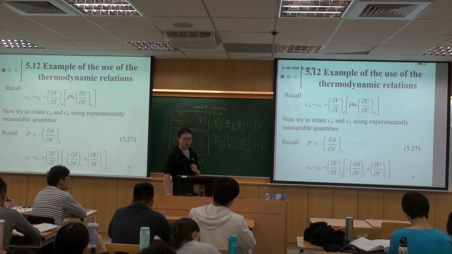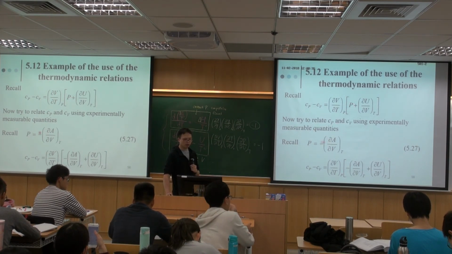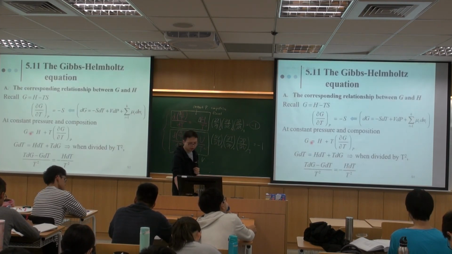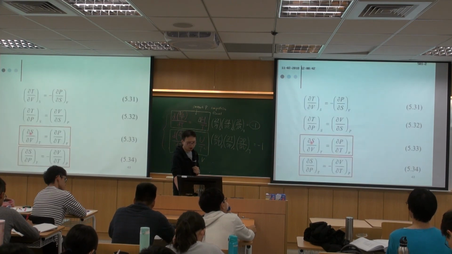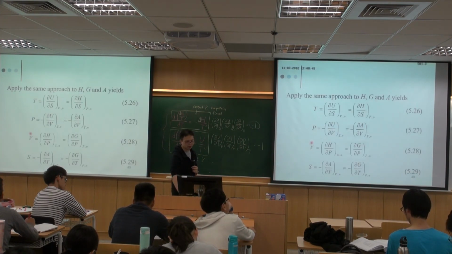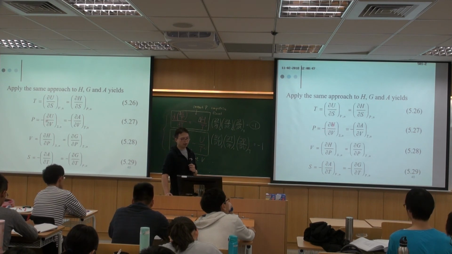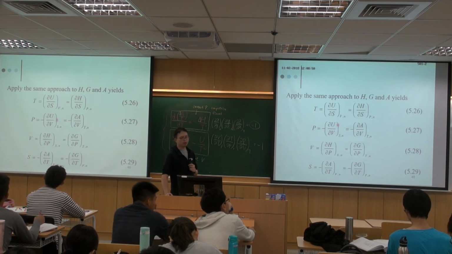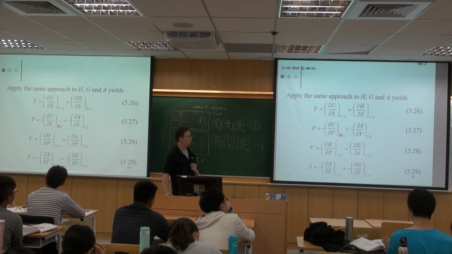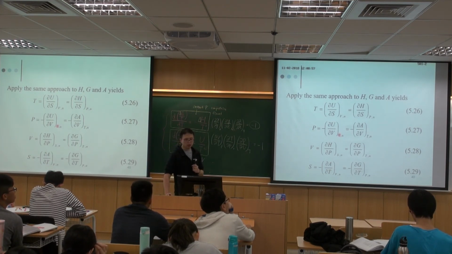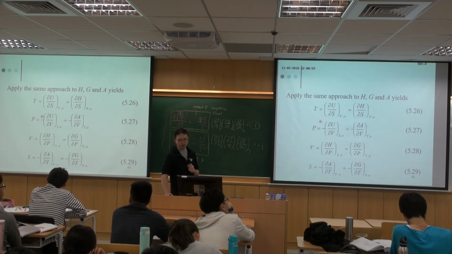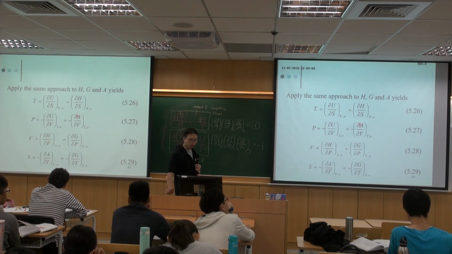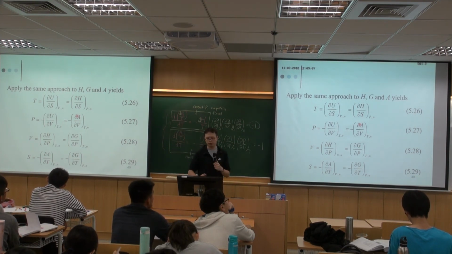For the pressure, let us use partial A, partial V as our expression for pressure. The reason we can do that is that if you go far back, you have this, and this might not be a very good expression because it's fixed S. This is not something that we can really control. So in order to further complicate this term, we use partial A, partial V at fixed temperature instead.